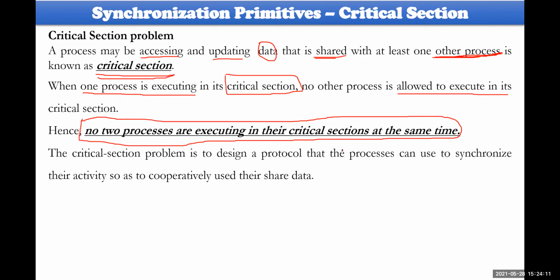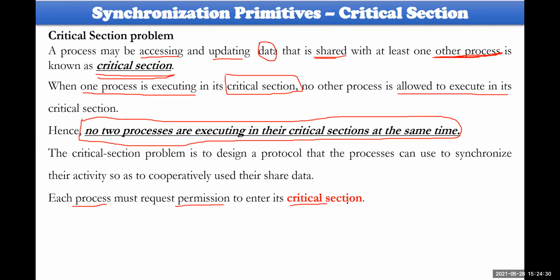Then, the critical section problem can be solved by designing a protocol to synchronize the activity so as to cooperate on the data. How can this be done? Each process must request permission from the synchronization segment to enter its critical section.